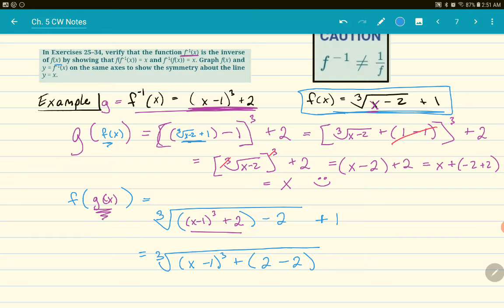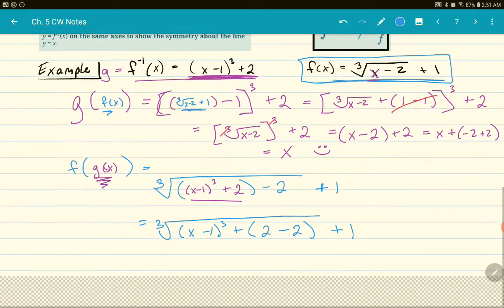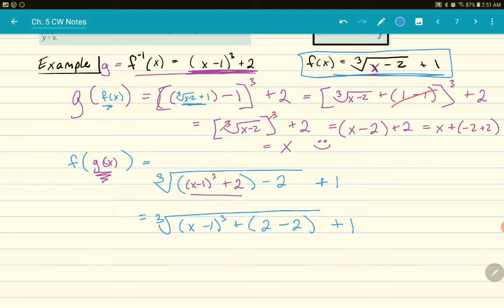Just switching those parentheses around the addition, because addition is associative, so I can change who I associate with first. And simplifying under the radical, the 2 minus 2 cancels, and that leaves me with cubed root of x minus 1 cubed plus 1.